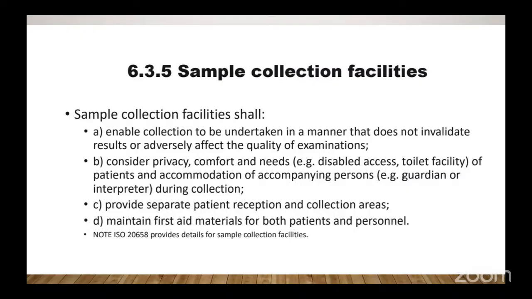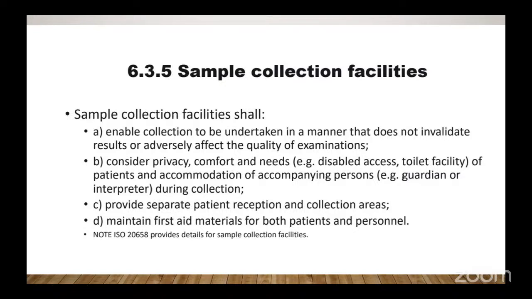Now, 6.3.5 talks about sample collection facility. Sample collection facility shall enable collection to be undertaken in a manner that does not invalidate the result or have adverse effect on the quality of testing. So you must have a facility that has good lighting for sample collection.